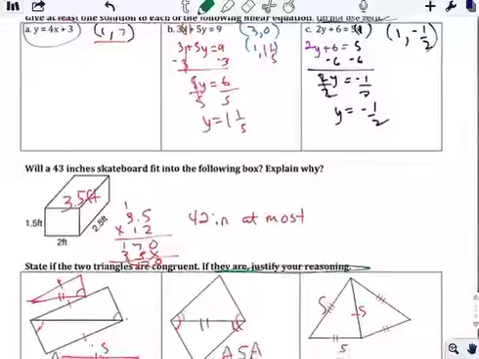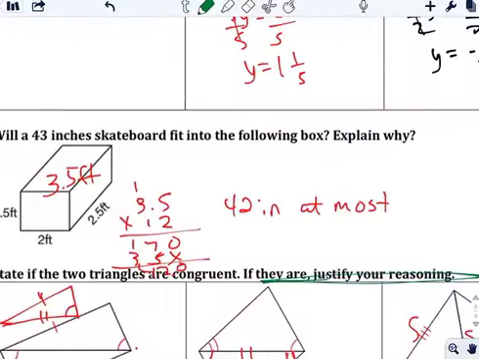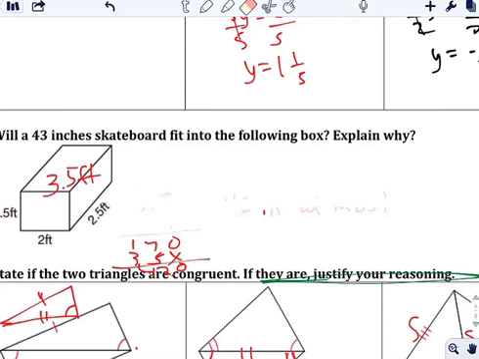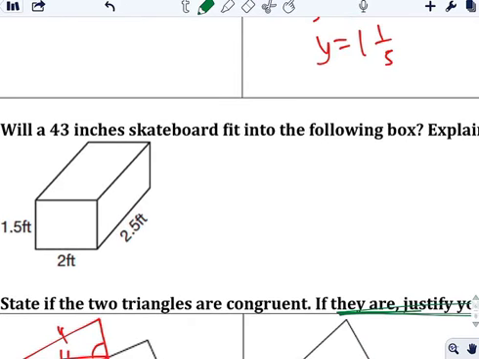Now, for those of you who have a hard time with this box thing here, the answer is no, it won't fit. It's short by 1 inch. Okay, so you first find that length right there first.